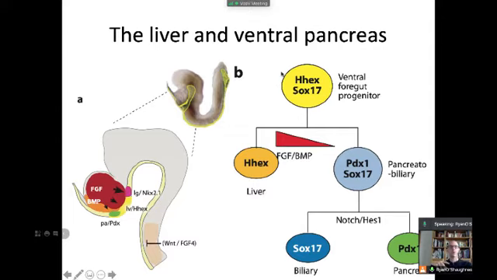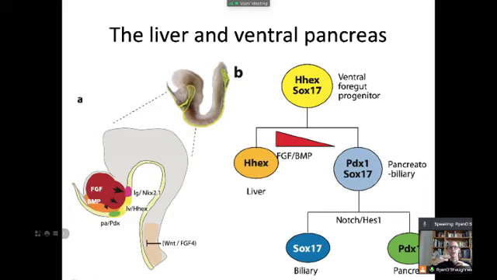So all cells in the developing intestinal tract in that part of the embryo express HEX and SOX17. In the developing heart, we have expression of FGF and bone morphogenetic proteins, and this provides the switch between a liver fate and what's called a pancreatobiliary state, so either forming a liver or the pancreas and bile glands.